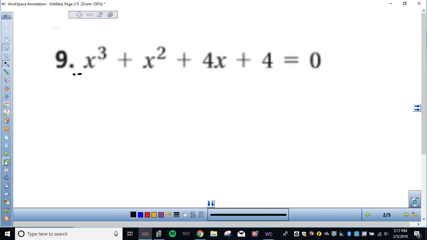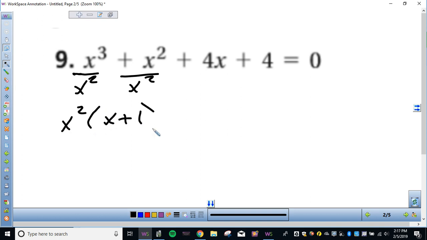Okay. Can we do factor by grouping here? Yeah. Because if we take x squared out of the first one, we have x plus 1 left. So what do I have to factor out of the next two? 4. So I take a 4 out.